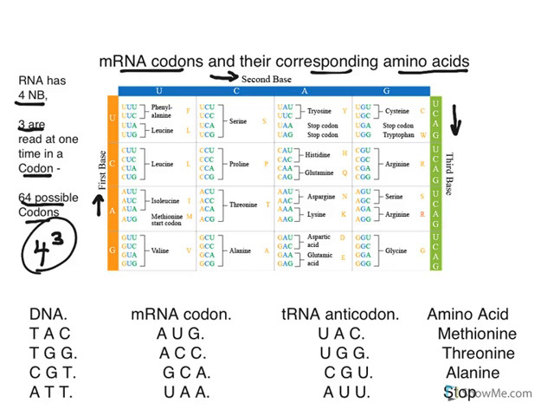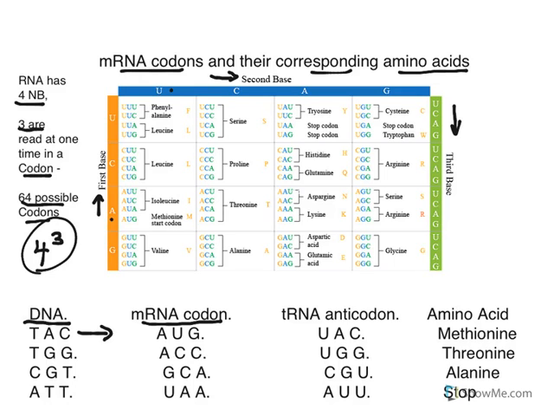If we start in the DNA with the triplets that are shown here, for example, if the DNA said TAC, that would be transcribed to mRNA with a codon AUG. Now, if you look at this table, A being the first nitrogen base in this codon, U is the second.